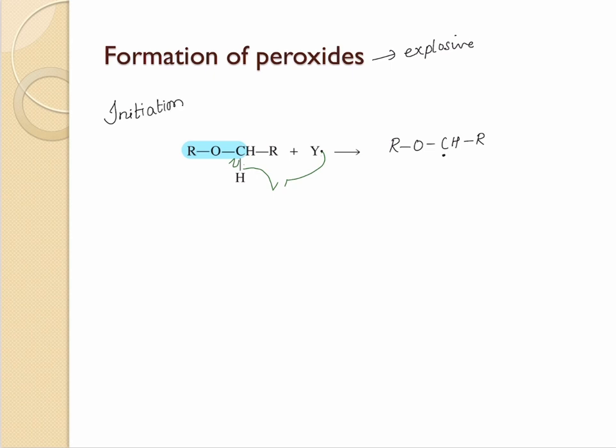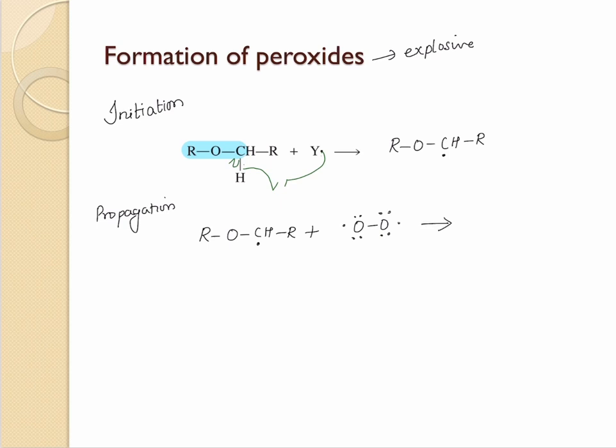The next step, this newly formed radical is going to react with oxygen to form the peroxide radical. So this is going to be a propagation step. And this is the first propagation step where this radical which is created in the initiation step is going to react with oxygen to form a peroxide radical.